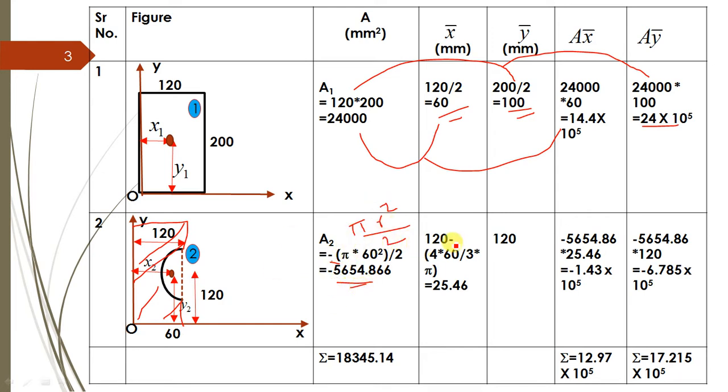Now for x2, how to find it: 120 minus 4r upon 3 pi. So you will get a value of 25.46, and y bar is directly given, it is 120.